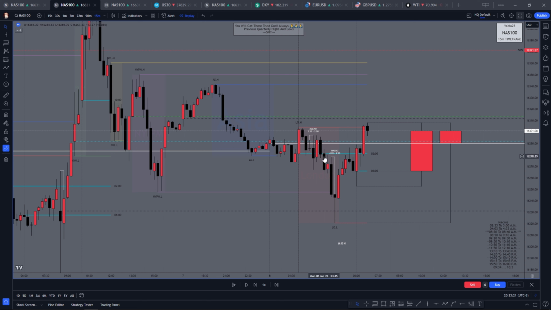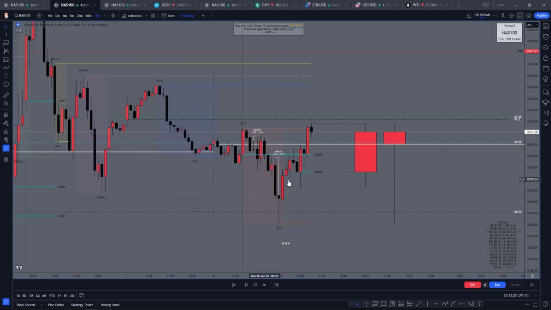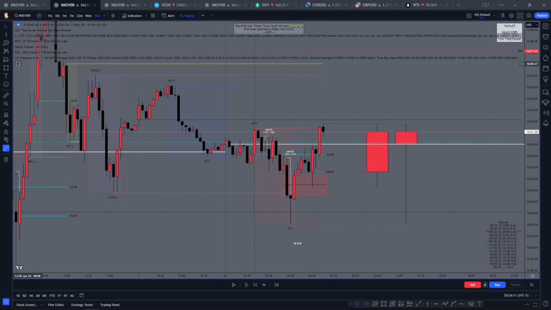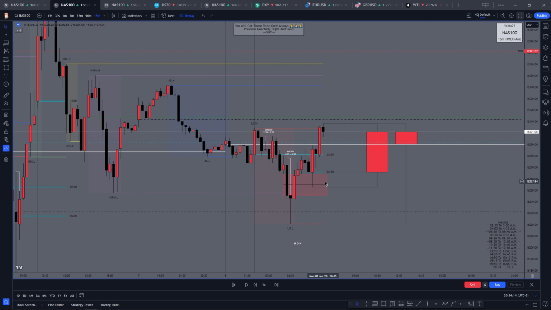London open, London open right here, comes down, reacts. This is a balanced price range and a fair value gap. What I mean is something like this, as you can see here. Balanced price range. Right there, balanced price range.